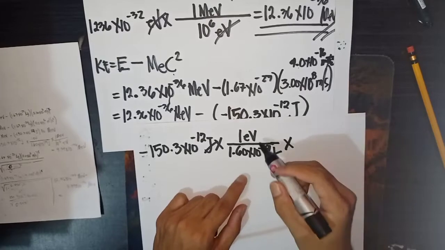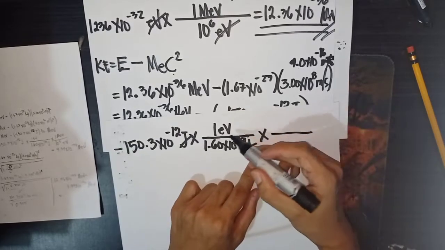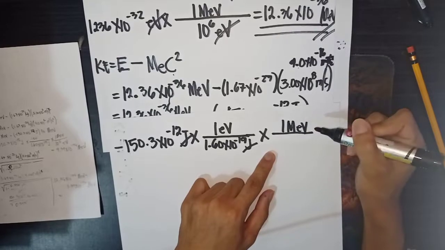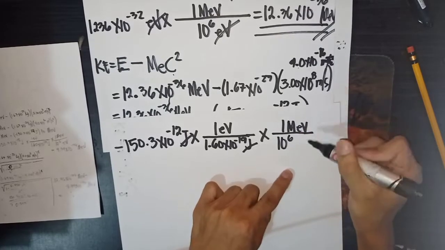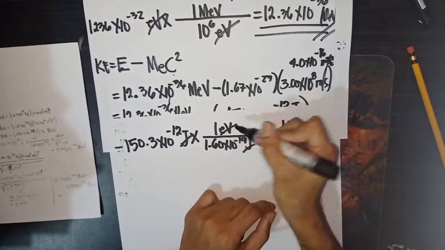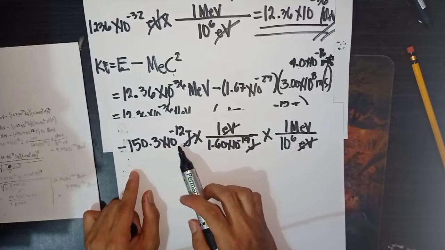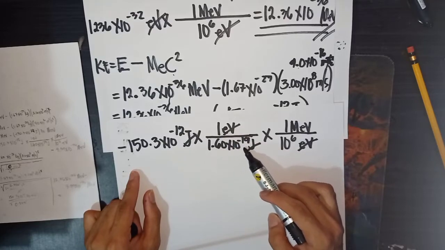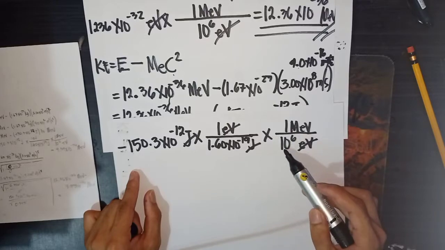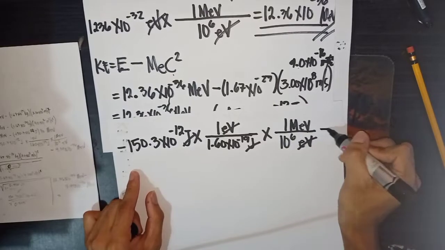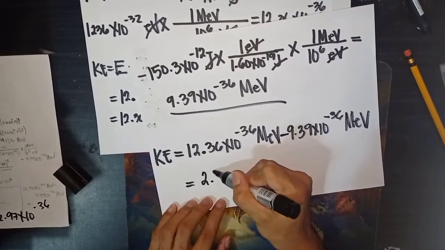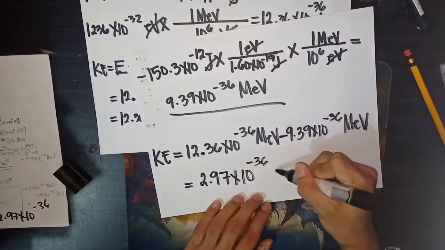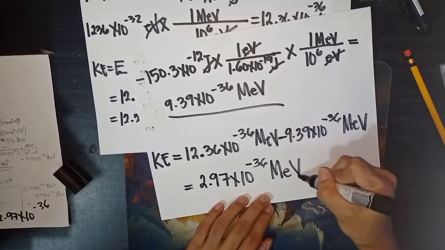In 1 mega electron volt, we have 10 raised to the power of 6 electron volts, so electron volts cancel. So negative 150.3 times 10 raised to the power of negative 12 multiplied by 1 over 1.60 times 10 raised to the power of negative 19 times 1 over 10 raised to the power of 6 is equal to 2.97 times 10 raised to the power of negative 36 mega electron volts.